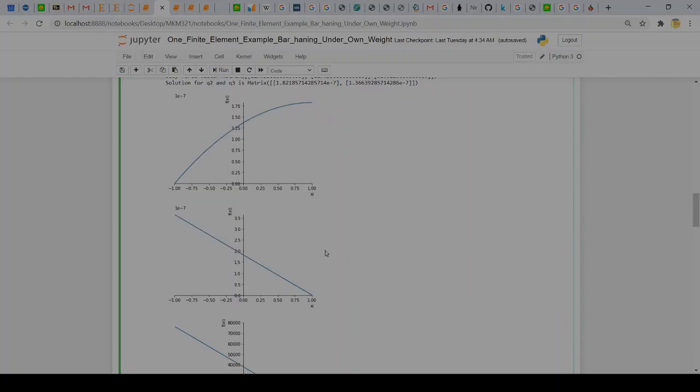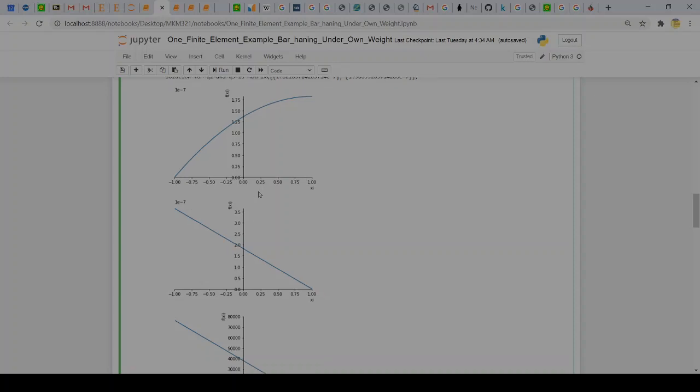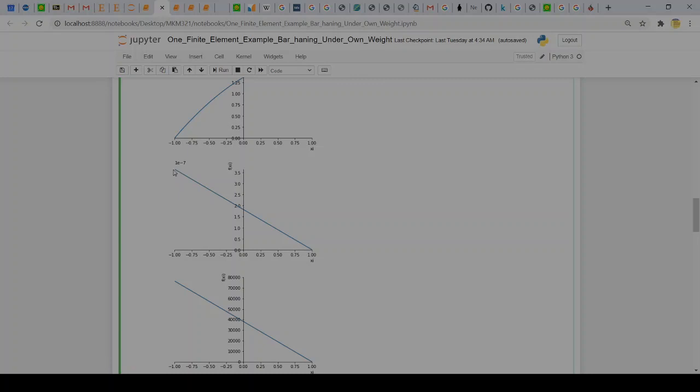Okay, so when we look at a uniform bar hanging under its own weight, the load is decreasing linearly as we go from top to bottom. So what we see is essentially the strain. You would expect to see the highest strain at the top where the whole bar is hanging, and at the bottom you would expect to see zero strain because there are no tractions, nothing applied at the bottom of that bar.